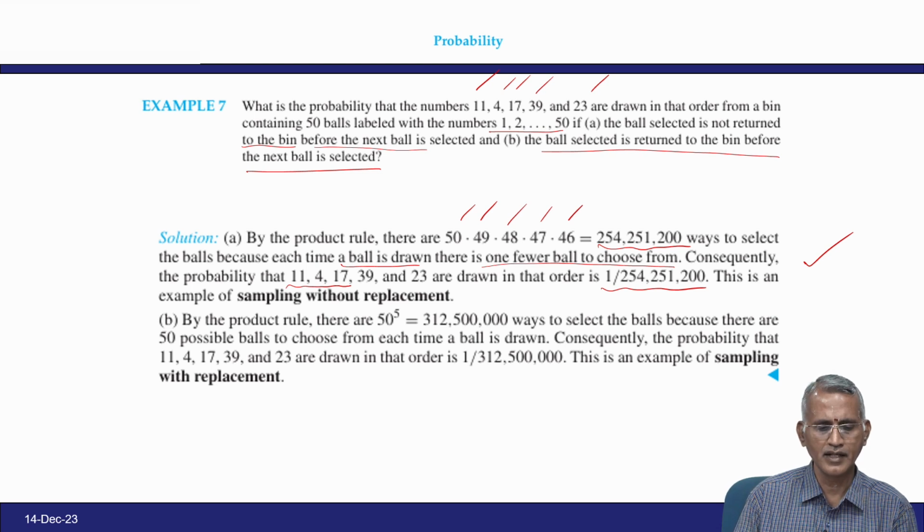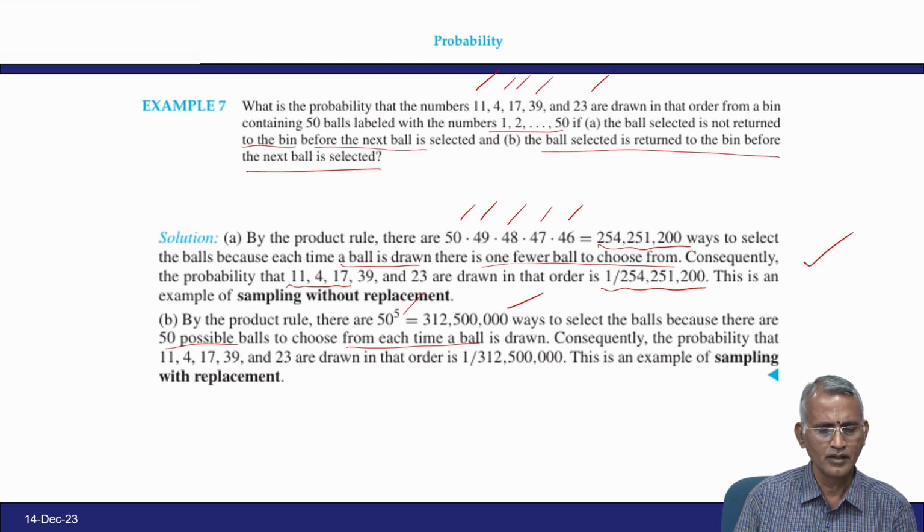Another subdivision, (b), states that the ball selected is returned to the bin before the next ball is selected. Therefore, every time you select a ball, you return it, so replacement is possible. Therefore, there are 50 to the power 5, which is equal to 312,500,000 ways to select the balls, because there are 50 possible balls to choose from each time a ball is drawn.